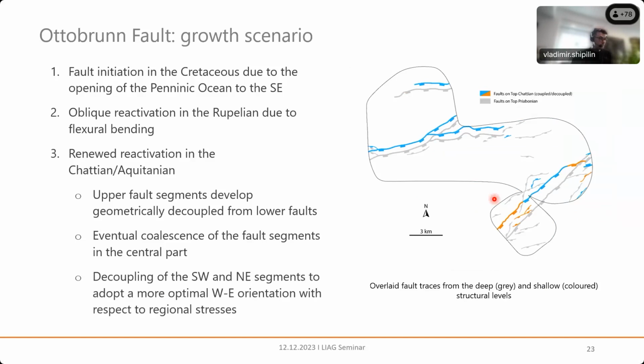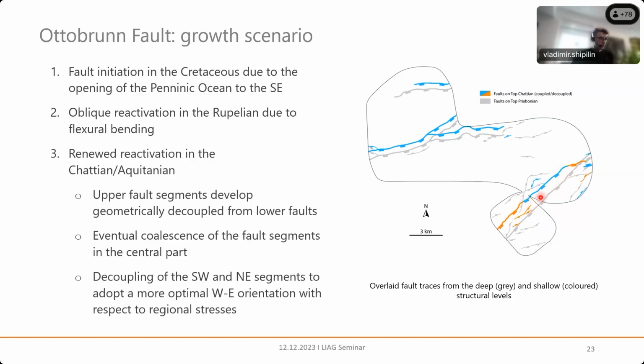But then, as the upper fault segment grew laterally to the southwestward and southeastward directions, most probably this kinematic attraction dissipated, and the fault trace started to evolve more independently, kinematically independent from the underlying fault.